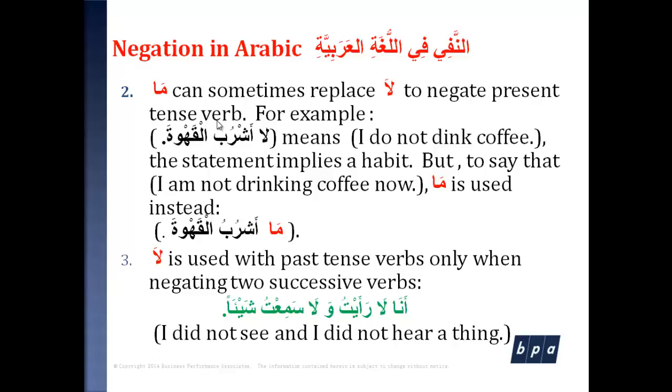لا is used with past tense verbs only when negating two successive verbs. Remember, لا is used to negate present tense verbs, but if you want to use it for a past tense verb, it has to be a double successive negation. So: أنا لا رأيت ولا سمعت شيئا.